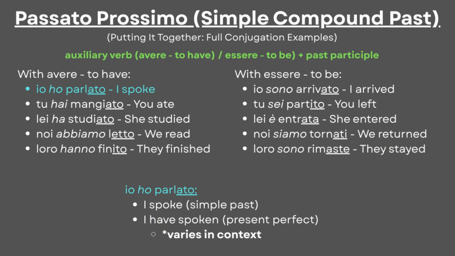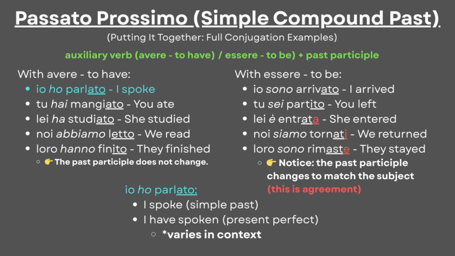In these examples, you might have noticed that the participles don't change with avere, but with essere, some modifications happen. This is done so that the words match the subject based on person and number, thereby creating agreement, which I will emphasize later.